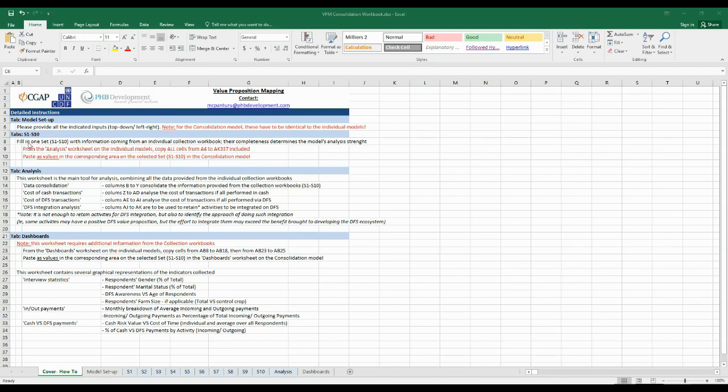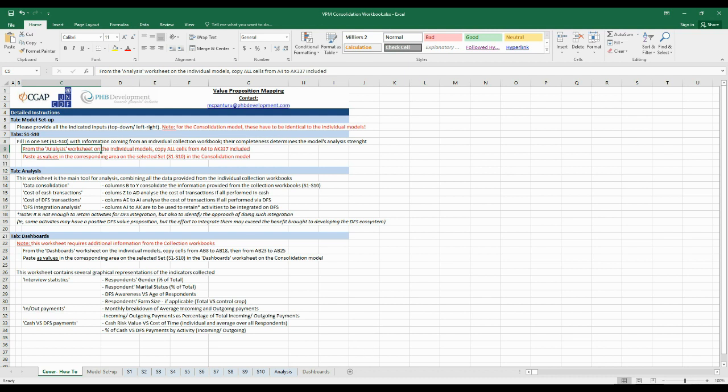Basically, in general, it should be the same model setup for all the interview sheets. Now the next thing to look at is the tabs here. So we go to the analysis worksheet on individual models and copy all the cells from A4 to AK337 on the analysis tab.